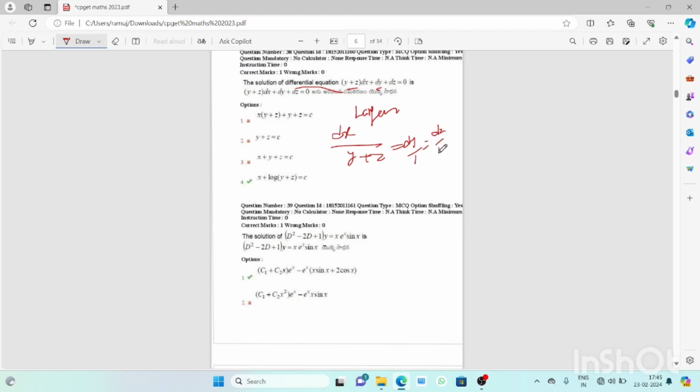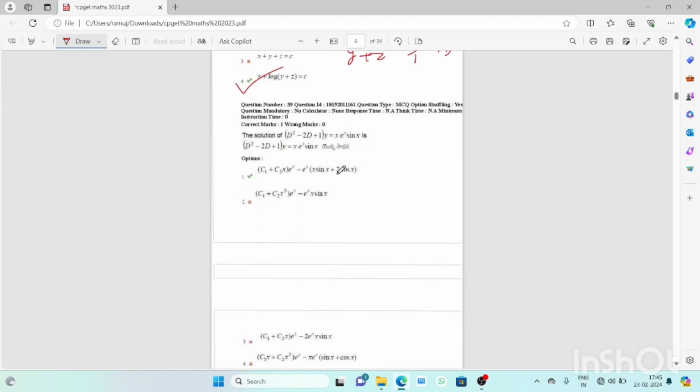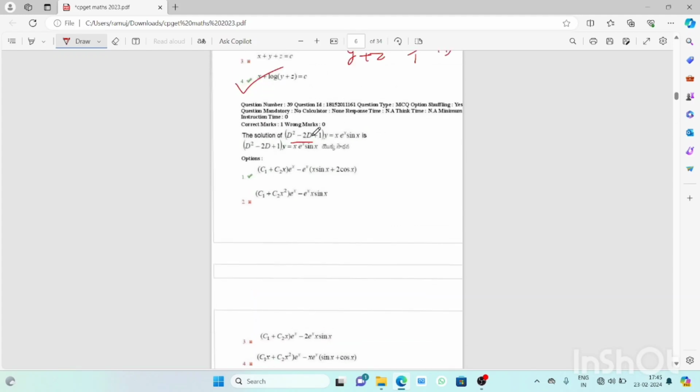If you integrate, you definitely get x plus log of y plus z is equal to c. Here he is asking about the solution of (D square minus 2D plus 1) y is equal to x e power x sin x. We can clearly say that this is a non-homogeneous differential equation, so we need to find both the complementary function and the particular integral.